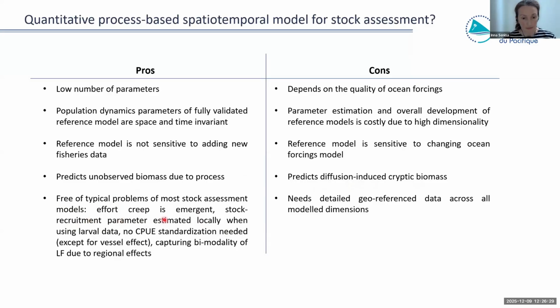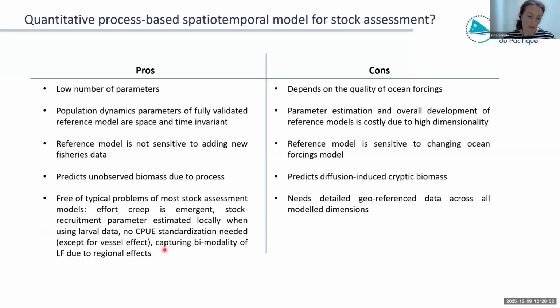The stock recruitment parameter is usually well estimated locally, especially when we use larval data. It's very well observed. No CPUE standardization is usually needed except for the vessel effect, but we don't have that information spatially. So we are not using standardized CPUE.